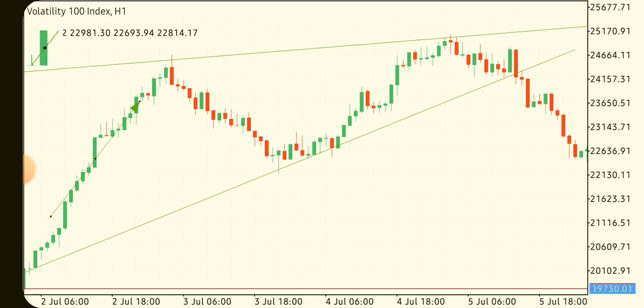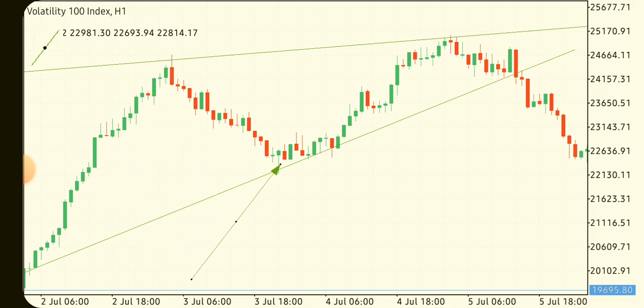These candlesticks here tested my support level, and then they came down to test my resistance level, sorry guys, and then they came down to test my support level, and then tested again. So this is an impulsive move to the upside, and then it retraces back to test my support level, and then it kind of wants to go up, and comes back to retest again, and then there's an impulsive move.